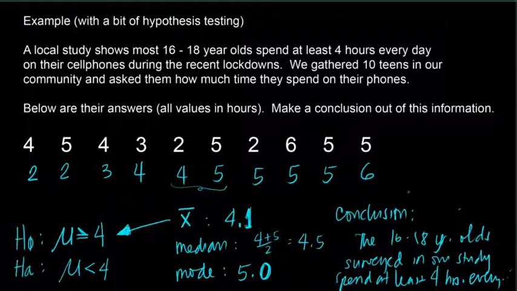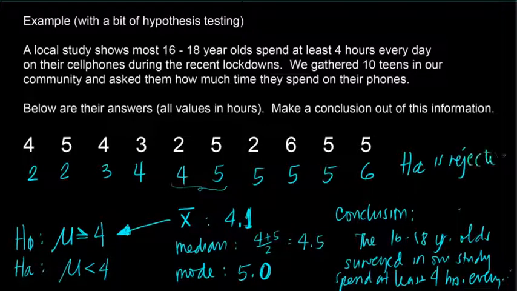Or, you can also say that our alternative hypothesis is rejected. Remember this from high school: our null hypothesis is accepted and our alternative hypothesis is rejected. Otherwise, in a statement that you want everyone to understand, go ahead and make a conclusion like this.